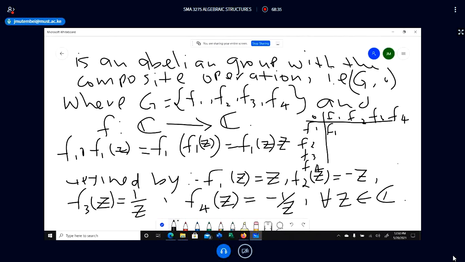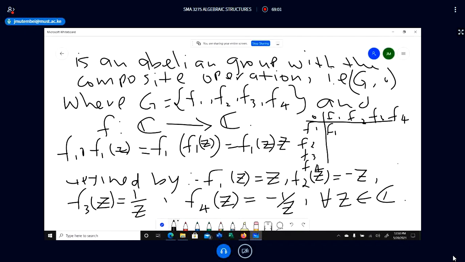F1 of Z is equal to Z. F2 of Z is defined as negative Z. F3 of Z is defined as 1 over Z. F4 of Z is defined as negative 1 over Z.